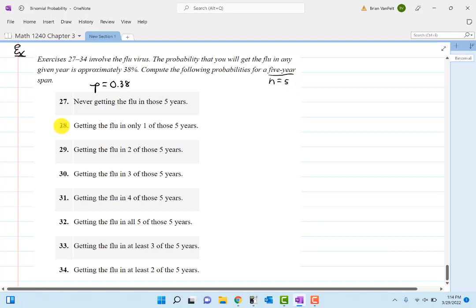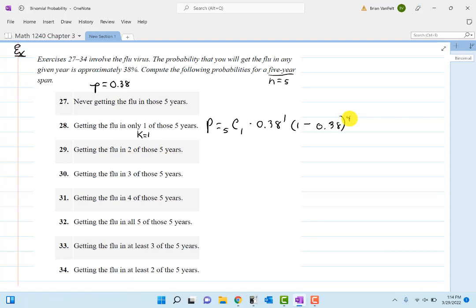So let's take a look at number 28, the probability of getting flu in any one given year. So here we have k is equal to 1. So our capital P probability is 5C1 times 0.38 to the 1 times 1 minus 0.38 to the 4.